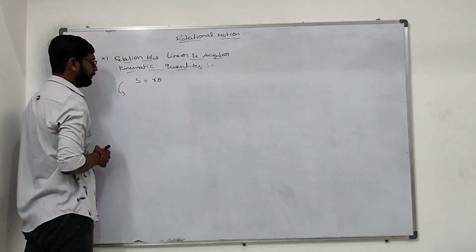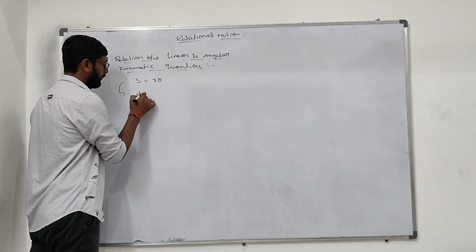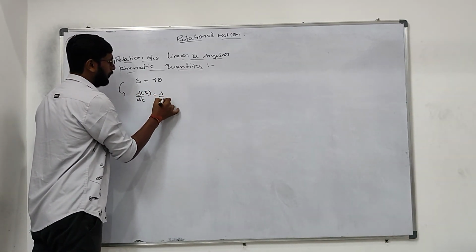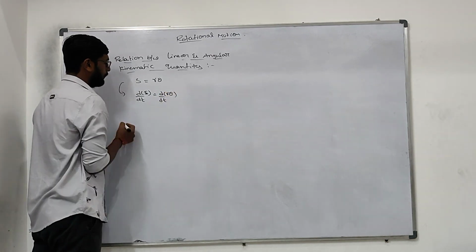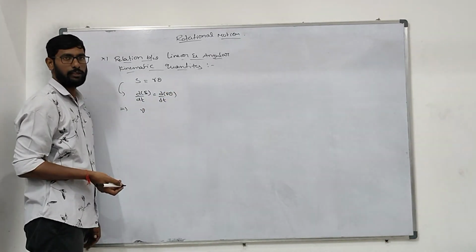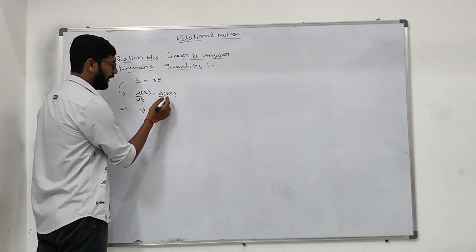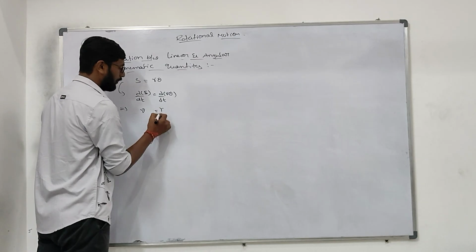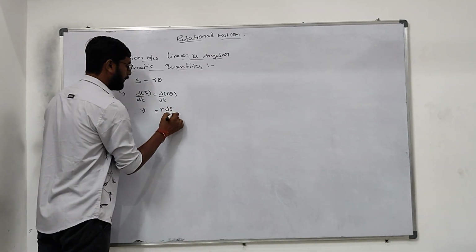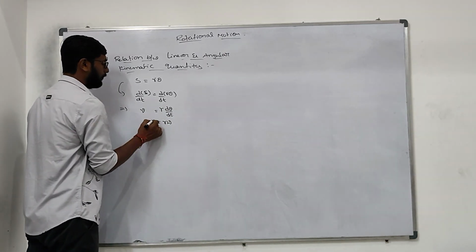So from this, if we differentiate both sides with respect to time, d by dt of r theta. So ds by dt is velocity, linear velocity or linear speed. Here r will be constant because the radius of the circle is constant. d theta by dt is nothing but omega.